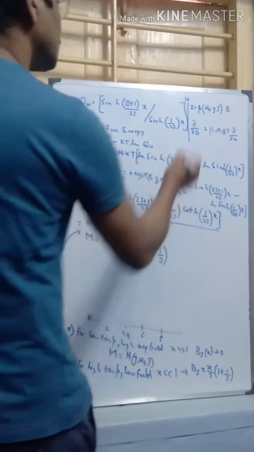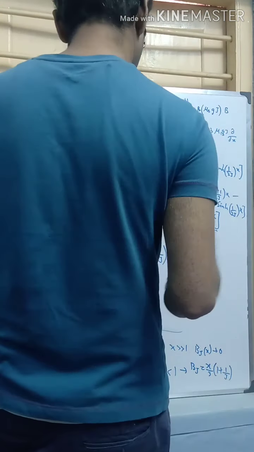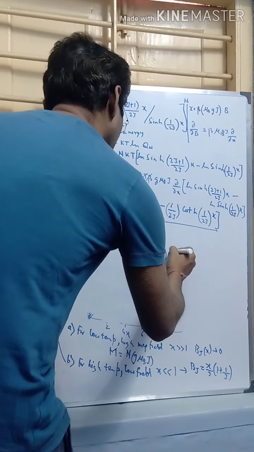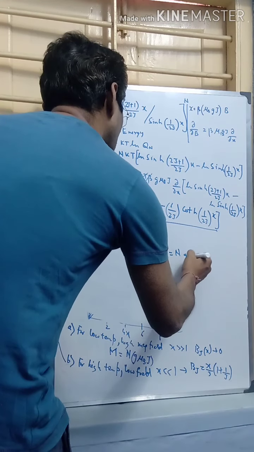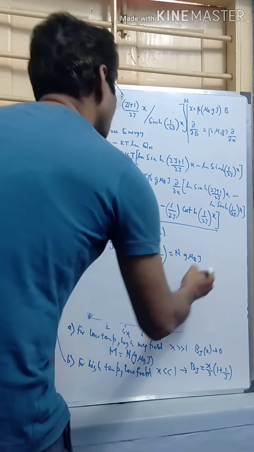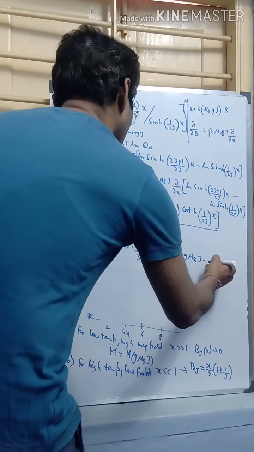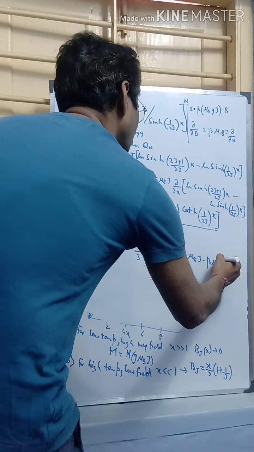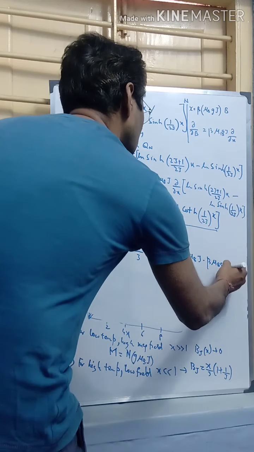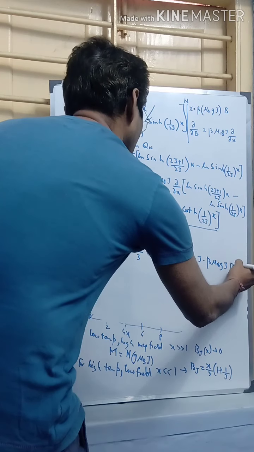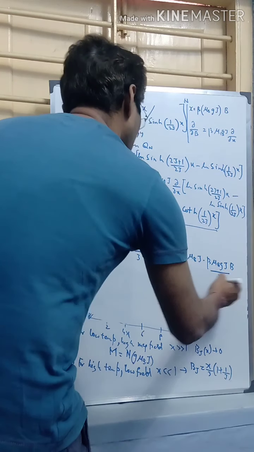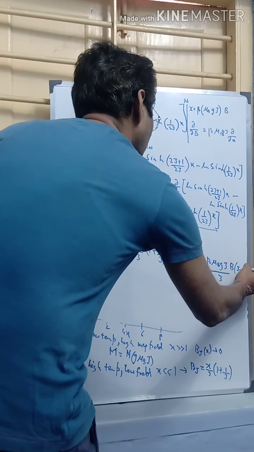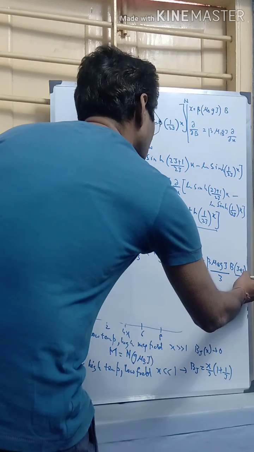Now what is x? x is beta mu_B g j B, so we can write it as N g mu_B j into beta mu_B g j B whole by 3, and this is going to give us (j plus 1) by j.